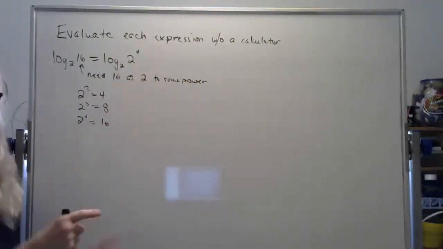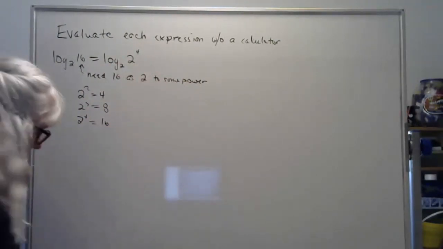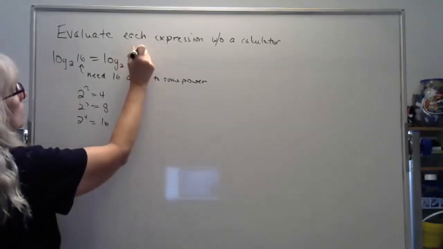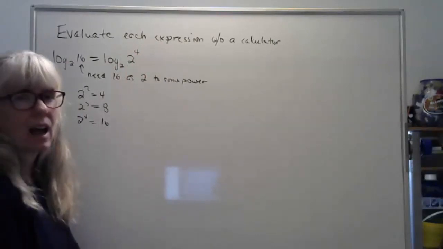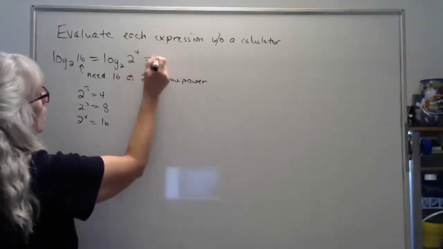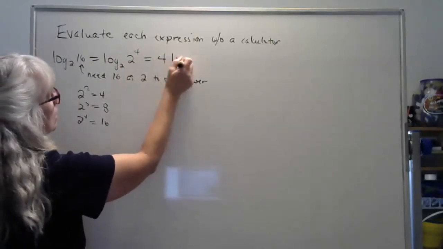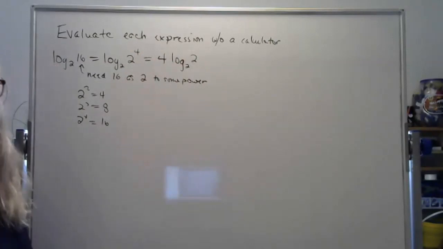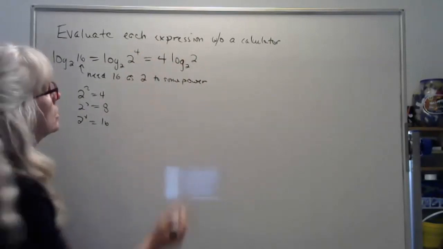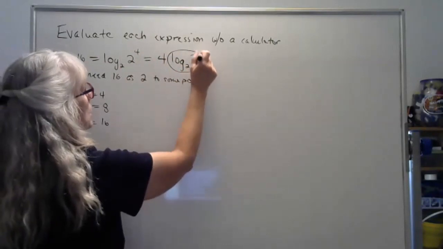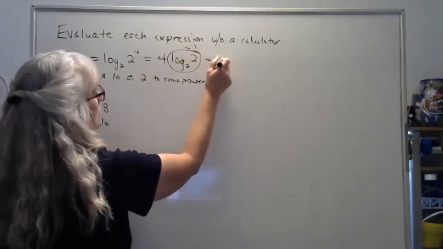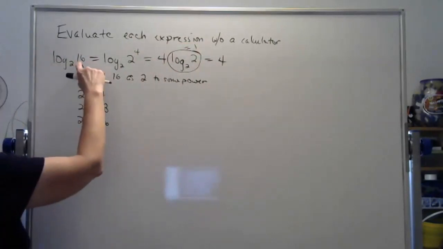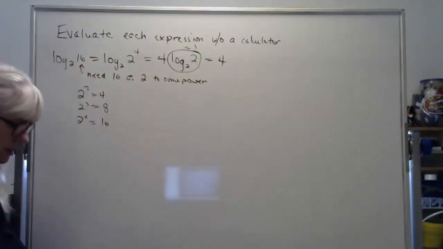Now that I have that, I can use my power property, which would bring the 4 out in front, and rewrite that as 4 times log base 2 of 2. And the advantage of that is that log base 2 of 2 is 1. So this whole part of that expression equals 1. So the end answer is just the exponent of 4. And that's the advantage of making the argument the same as the base.